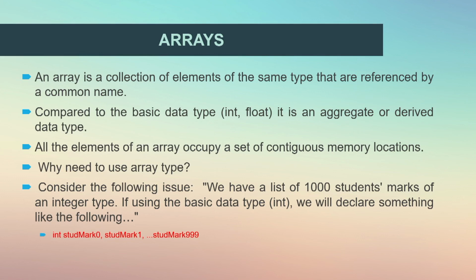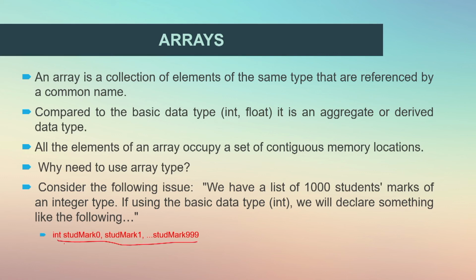So, why do we need such types of arrays? Let us consider an example scenario. We have a list of 1000 students' marks of an integer type. If we are declaring using the basic data type int, we may have to declare it as in the given example. So, what am I supposed to do?